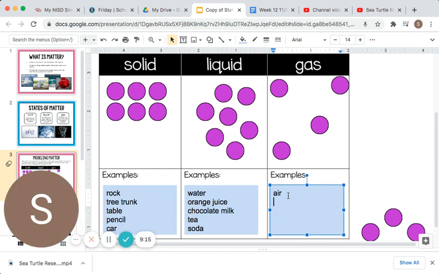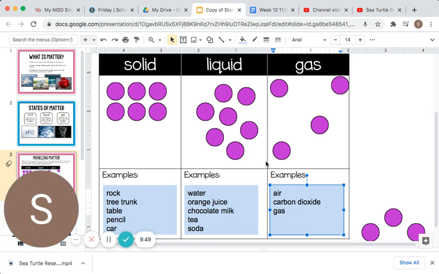Okay, so air, we could say carbon dioxide. That's the air that we breathe out. What else could we say? Oh, just natural gas, right? Before it's turned into gasoline, we get natural gas from the earth. All right, and we'll stop there.